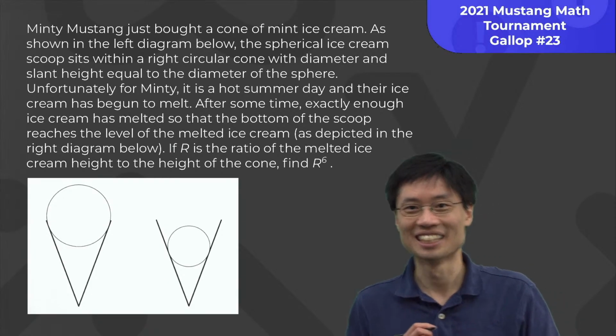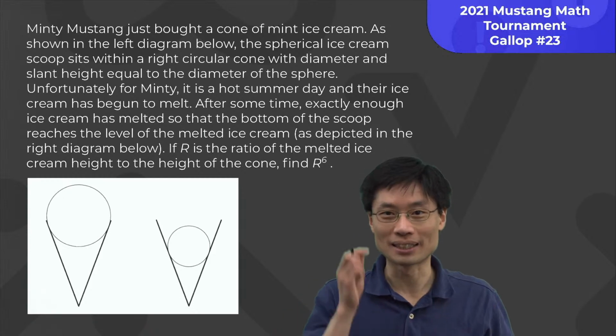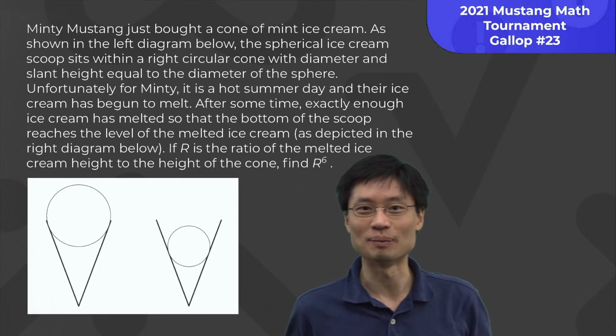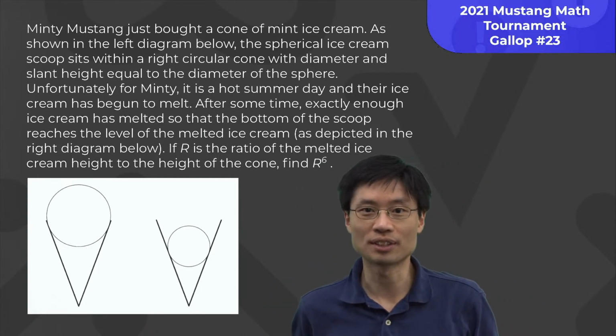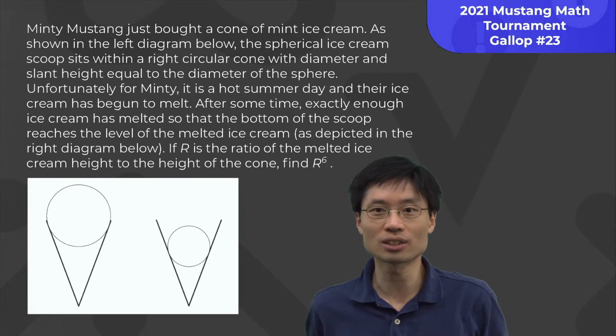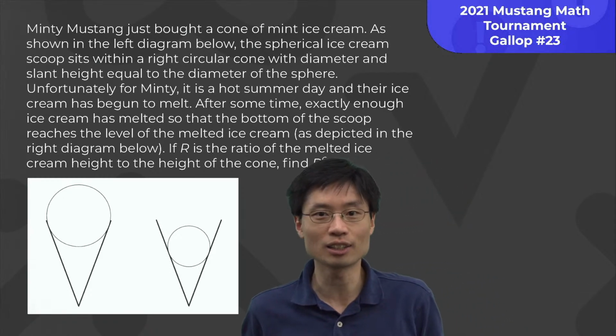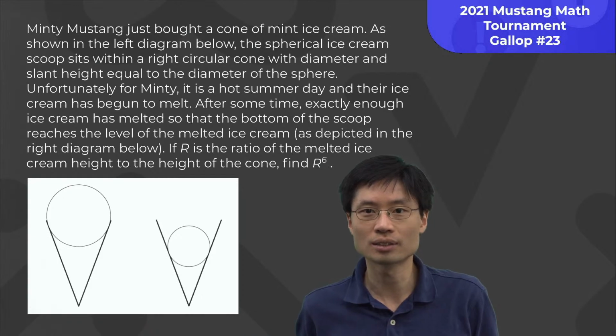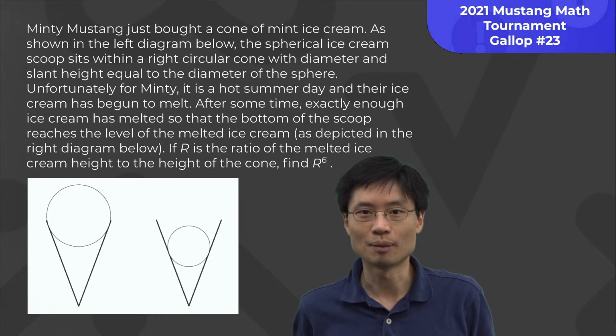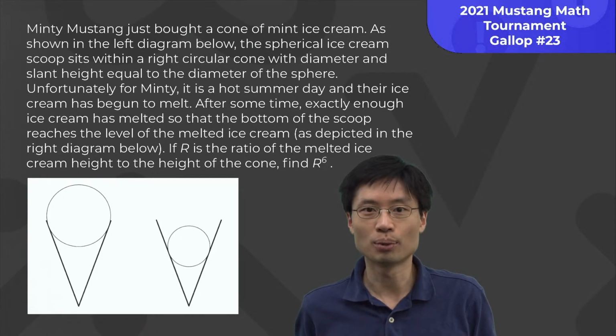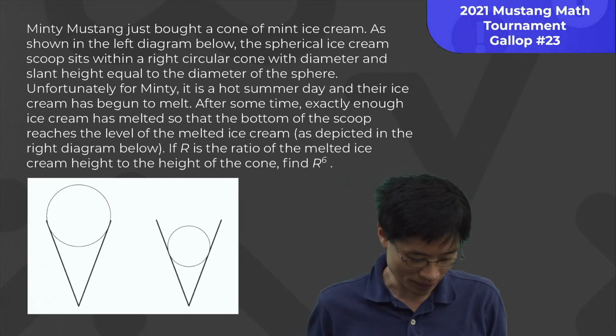Okay, what's this? Minty Mustang just bought a cone of mint ice cream. As shown in the left diagram below, the spherical ice cream scoop sits within a right circular cone with diameter and slant height both equal to the diameter of the sphere.